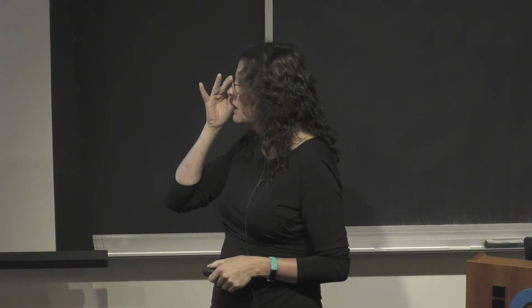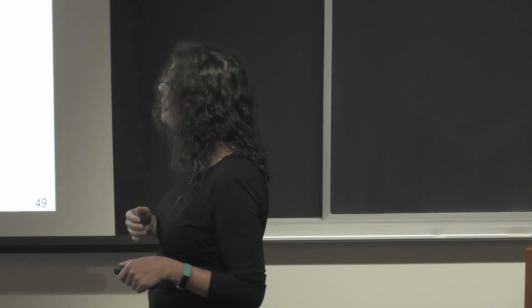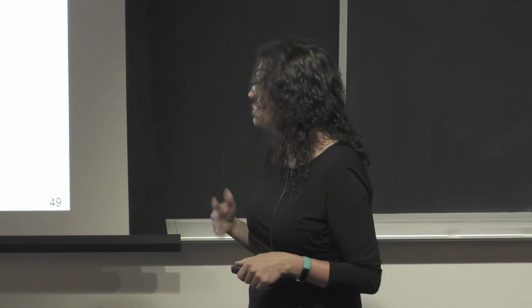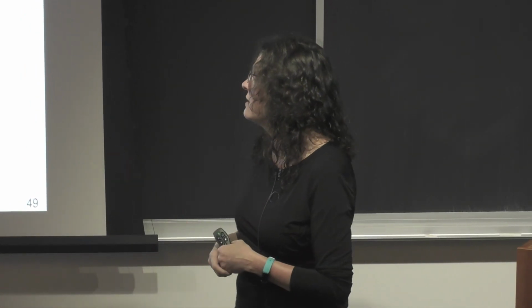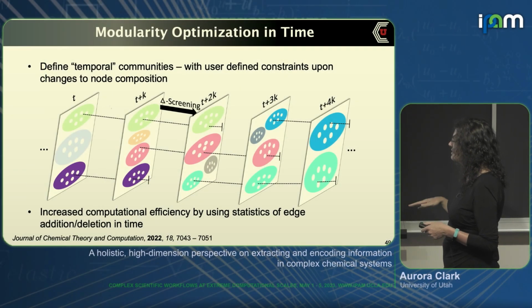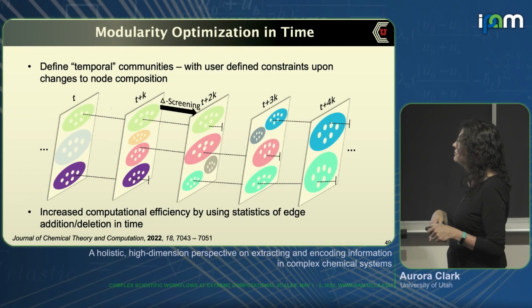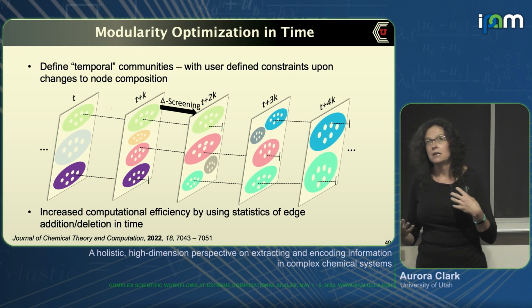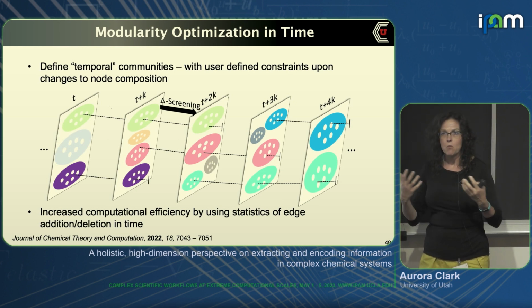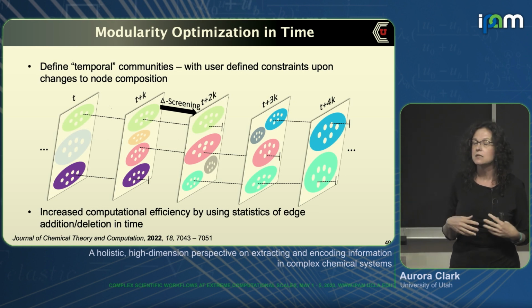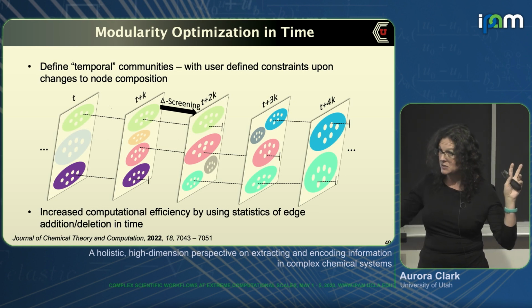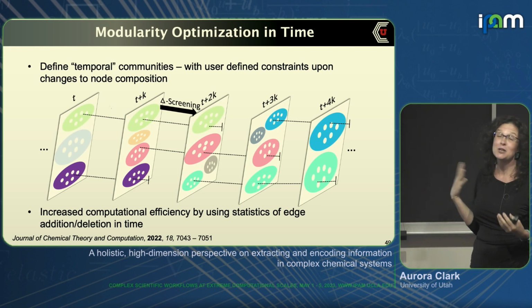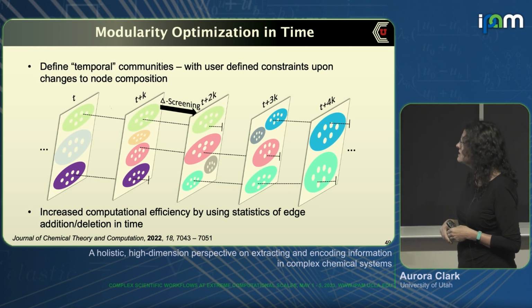And so we recently adapted an approach that had just been published a couple of years ago called the delta screening approach, which was a way to analyze temporal graphs for chemical systems. Basically, we now define what we call temporal communities, where we add certain constraints on how much a community can change in time before it is no longer the same community. This is a user-defined thing, which is really quite nice.